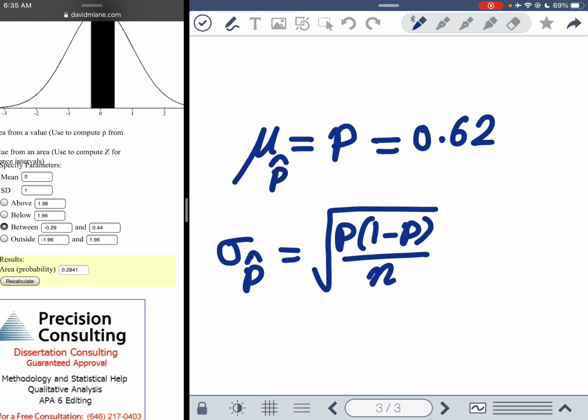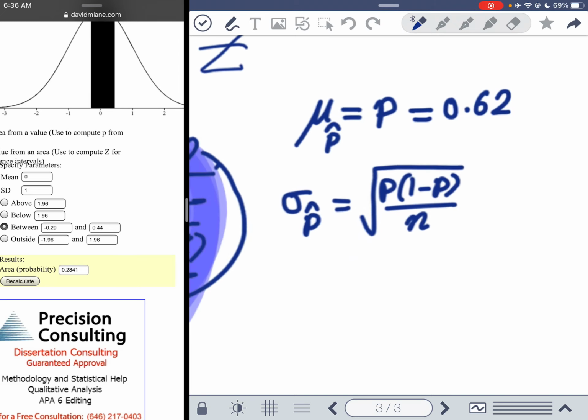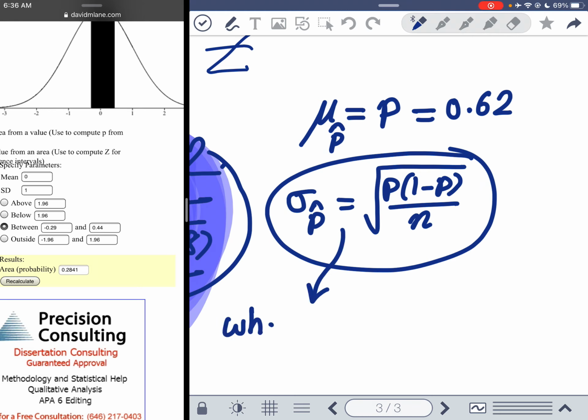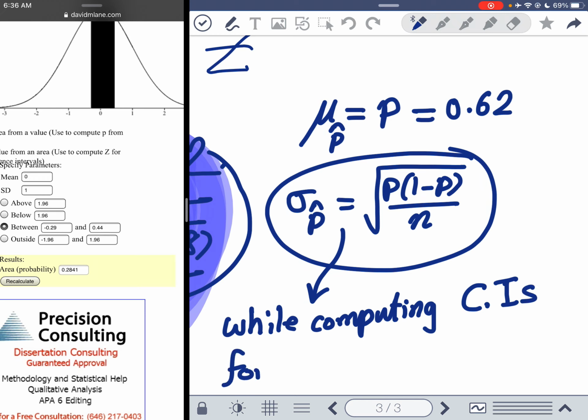By the way, when you are constructing confidence intervals, remember that you cannot use this standard deviation because it has a p here and p is unknown. So this is why we replace this. While computing confidence intervals for the true population proportion p, we use instead, look at what we will do.